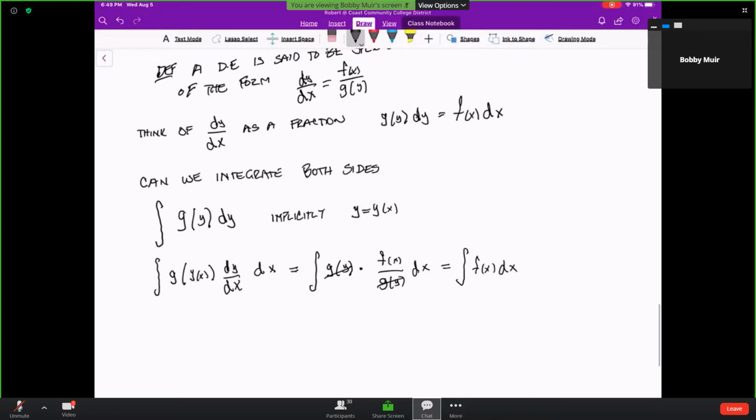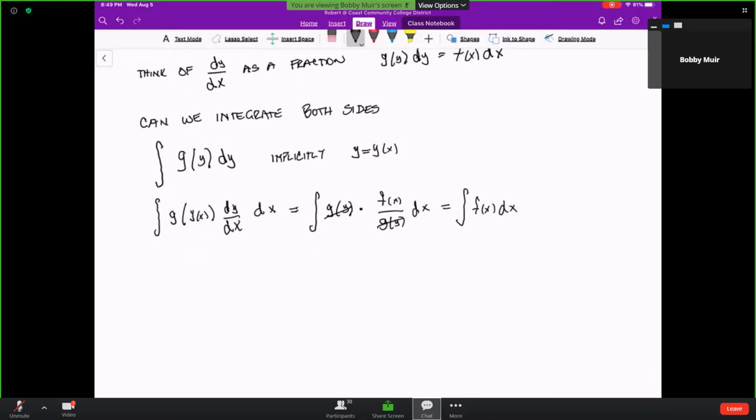Now, some of you maybe were waiting for a more juicy or more penetrating proof. It's kind of a letdown. But basically, you just are going to integrate both sides. Okay?